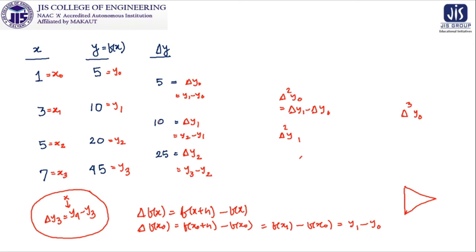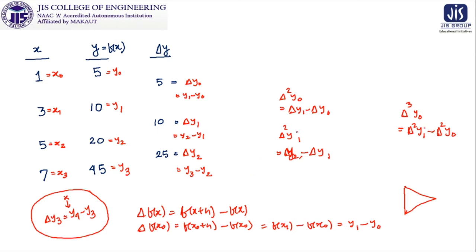Del y1 is known to us, del y0 is known to us, and it will also be del y2 minus del y1, and obviously then del 3 y0 will be del 2 y1 minus del 2 y0.